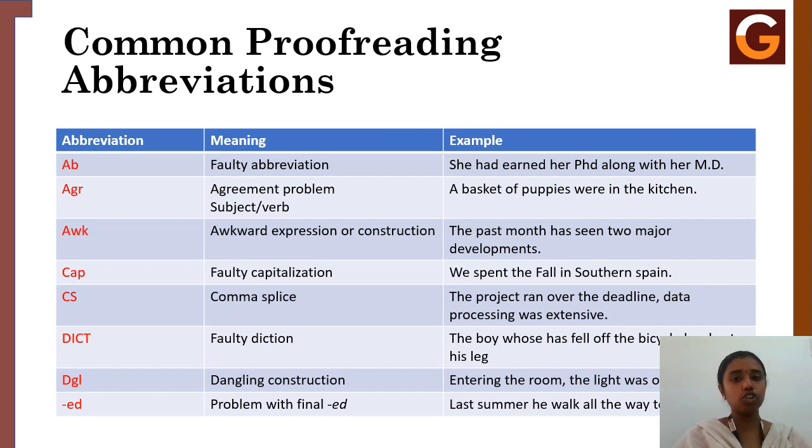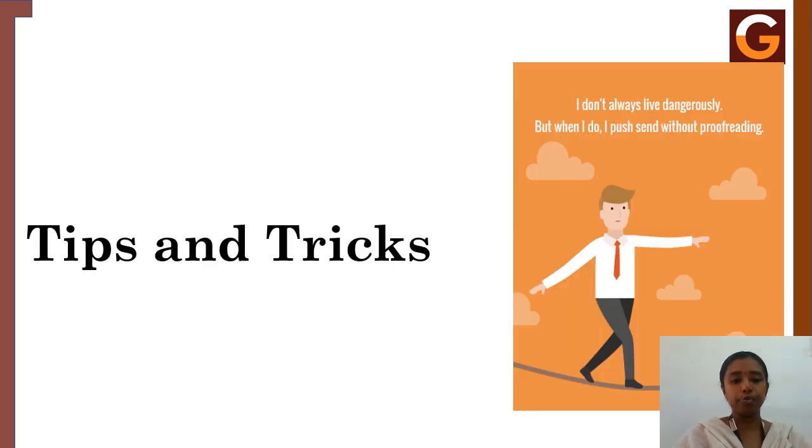It should be 'A basket of puppies was in the kitchen,' because it is the basket. So the verb should agree with the noun basket, and it's not about the puppies. So when there are such mistakes, the abbreviation AGR has to be used. In the same way, each and every mistake has its own abbreviation and meaning, which can be employed in the process of proofreading.